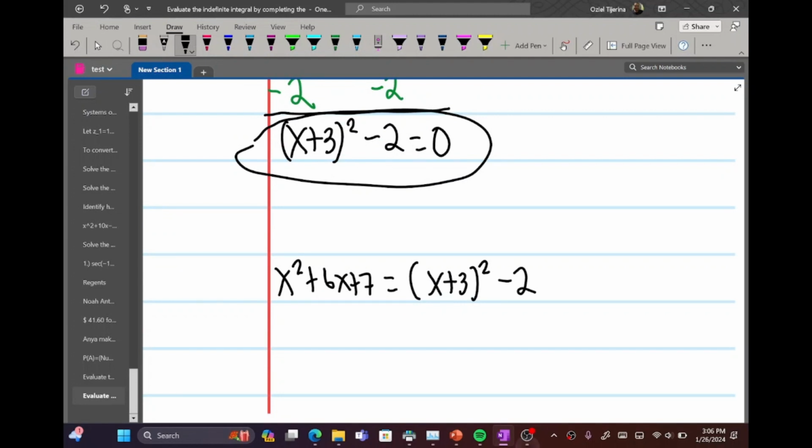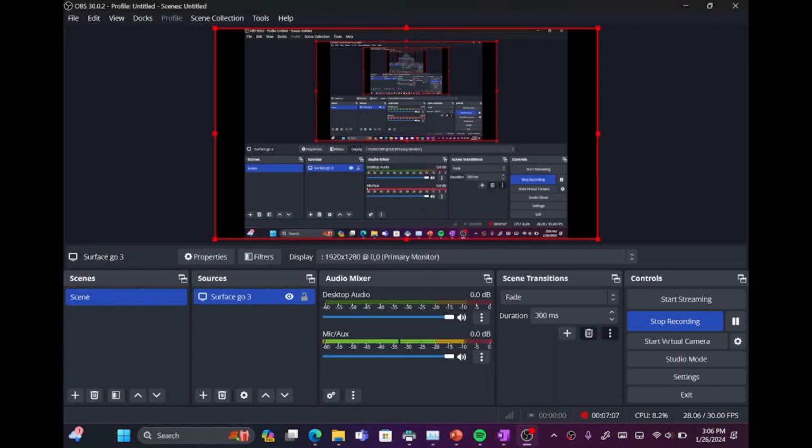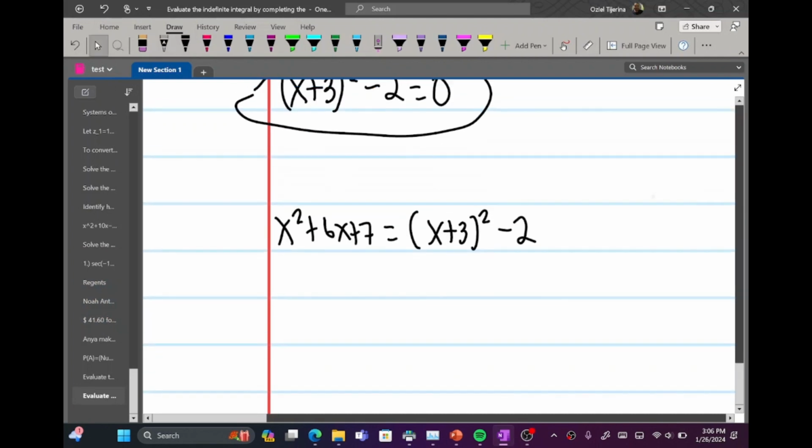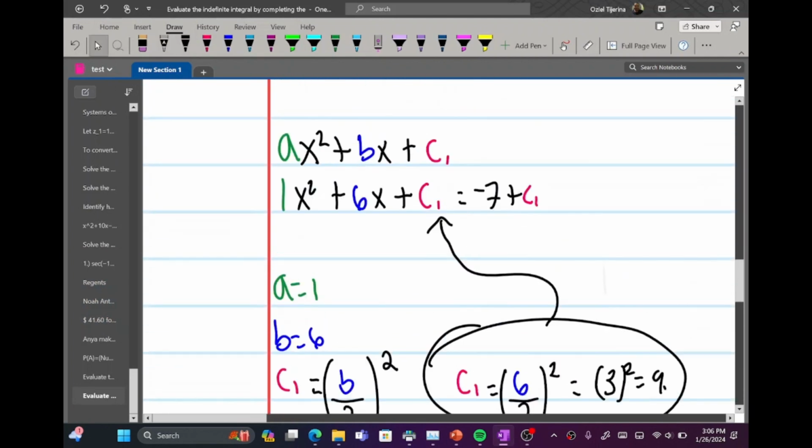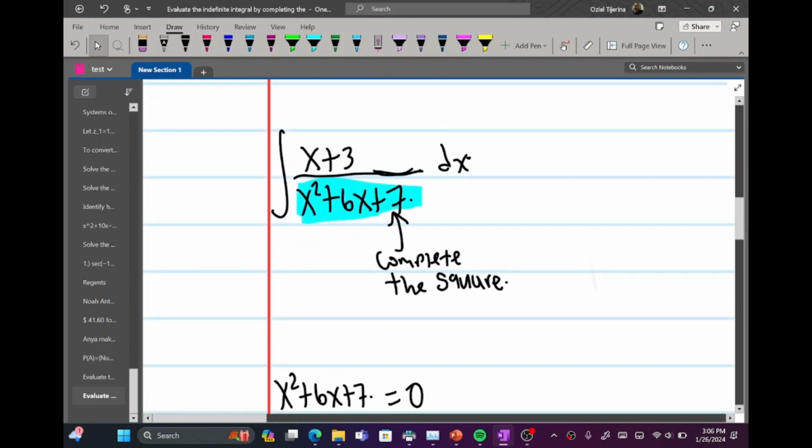And so here we're going to put this in for the bottom.